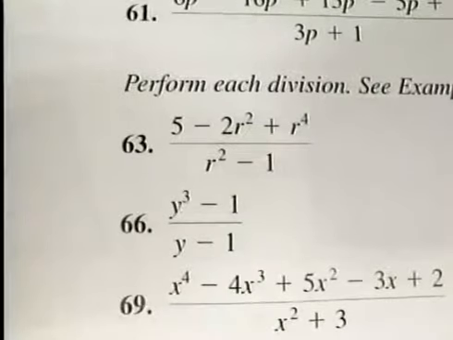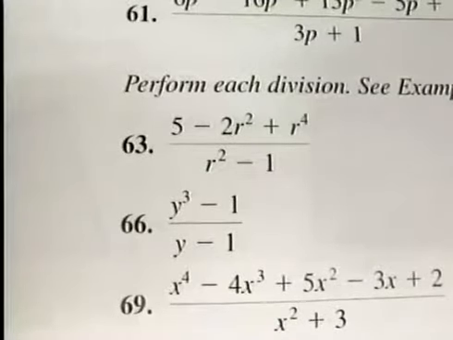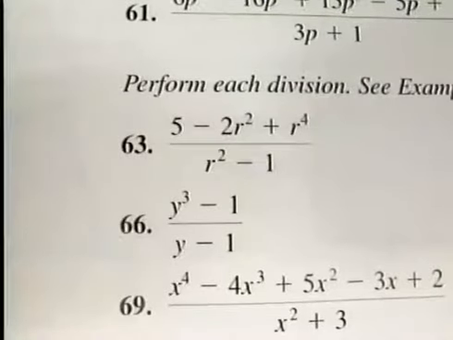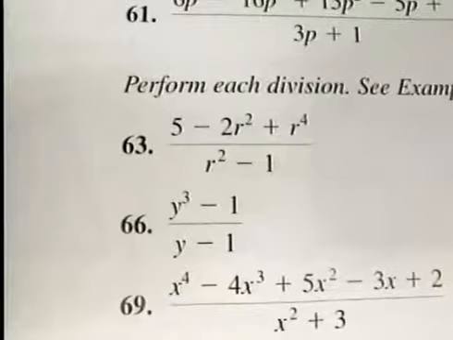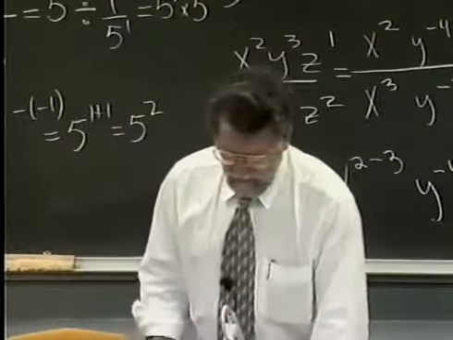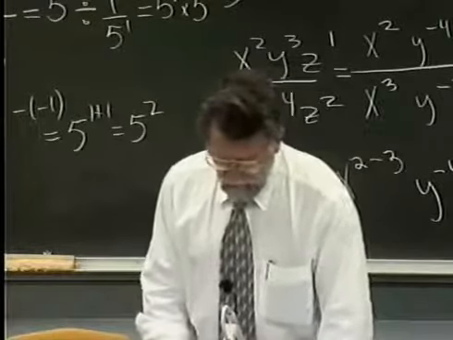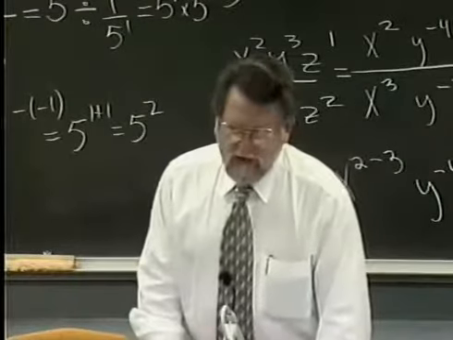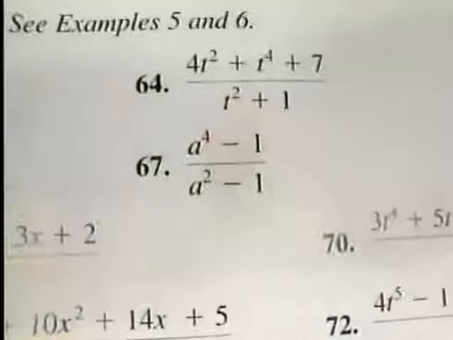Number 63 right above it. Rewrite 63 as r to the 4th plus 0r to the 3rd minus 2r to the 2nd plus 0r plus 5. Be careful. Okay, coming off there. I think that's one of the worst ones. 67 is very similar to what we've done.